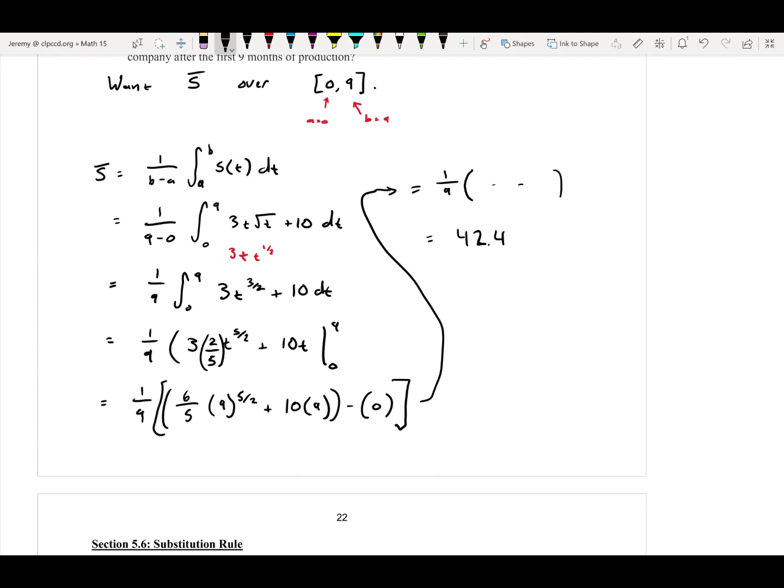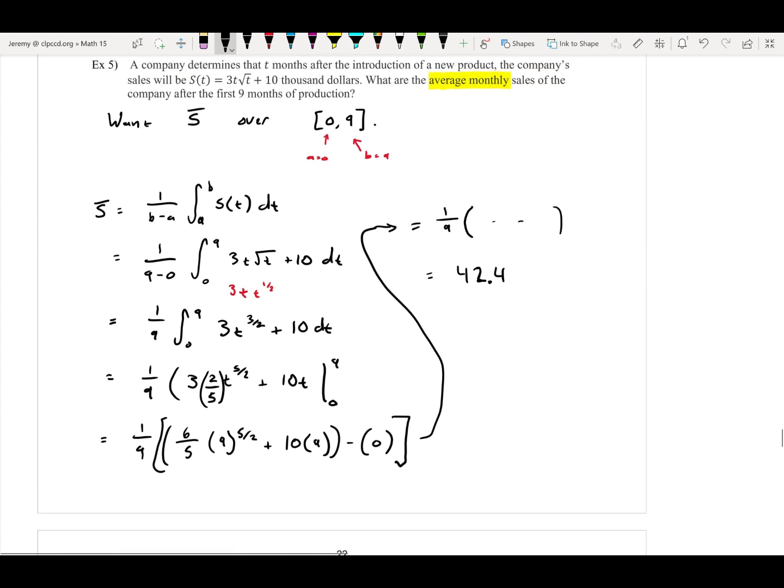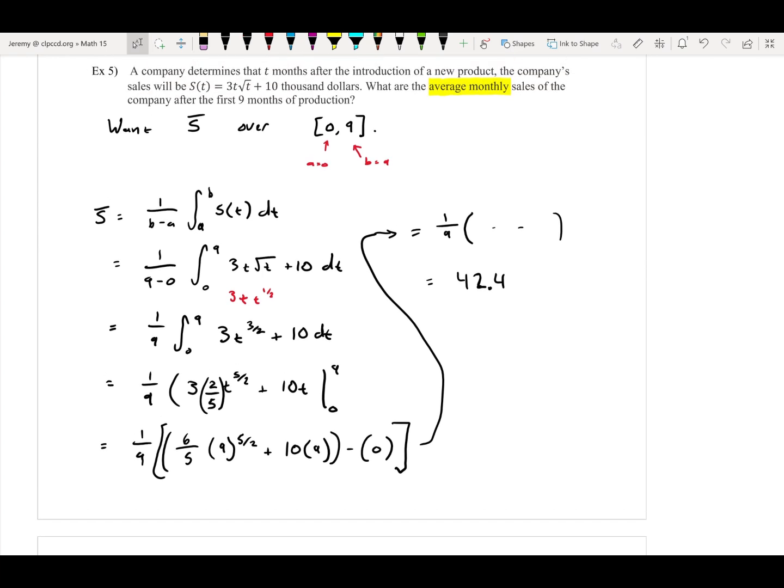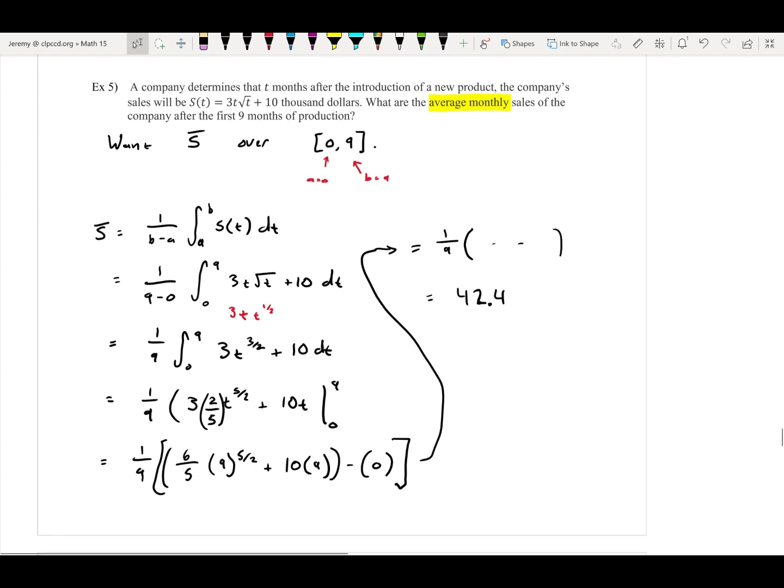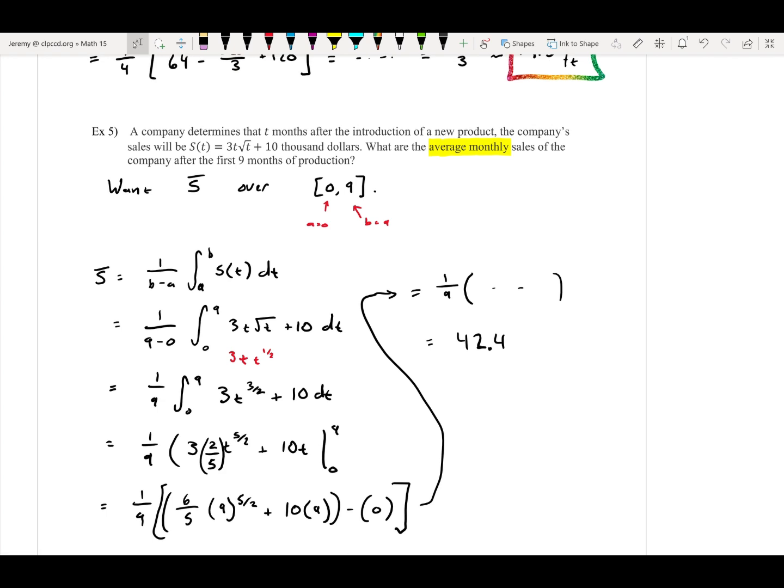I went to my calculator at a certain point because I had to divide by 9. 42.4, that's the value that I got after simplifying all of this. 42.4 what? This is the average output of S. What does S measure? S measures sales in thousands of dollars. Okay, so $42.4 thousand.